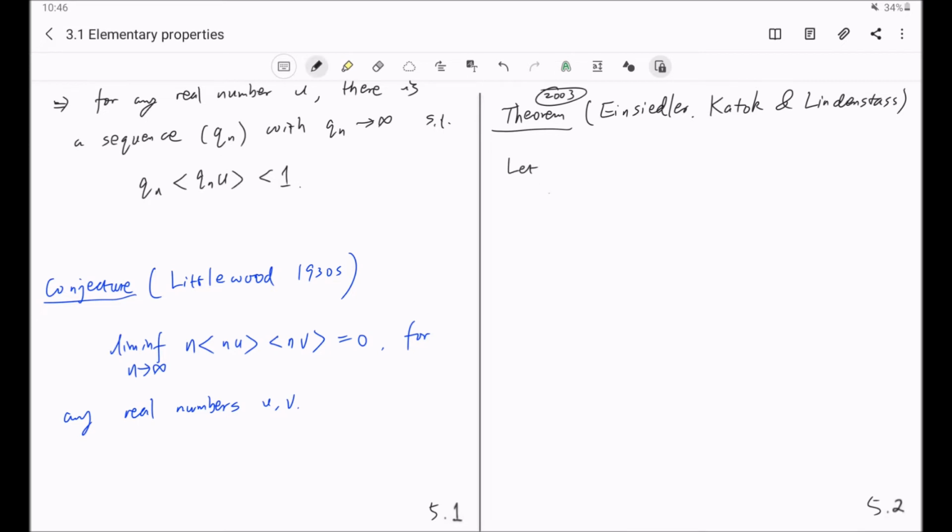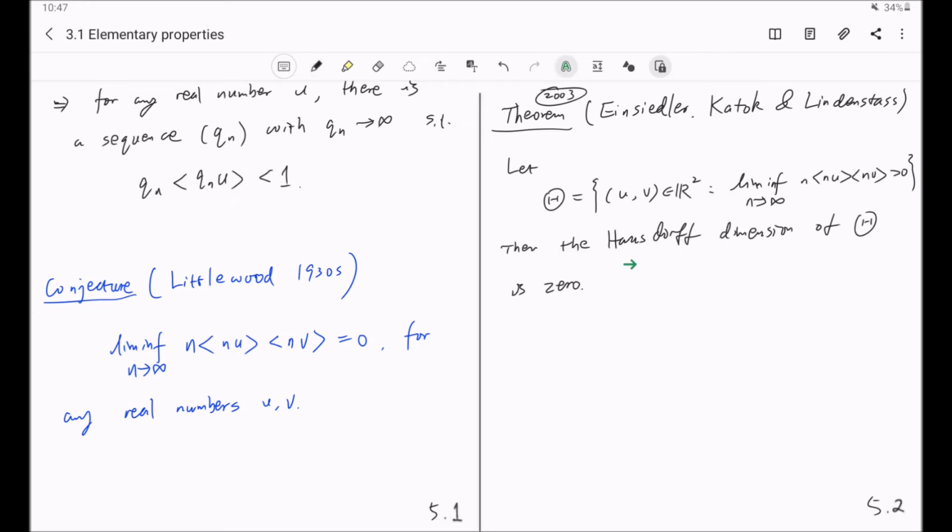Let theta be the subset of R^2, consider the pairs u, v where the lim inf as n goes to infinity of this product of three things is strictly greater than 0, then this set has Hausdorff dimension 0.